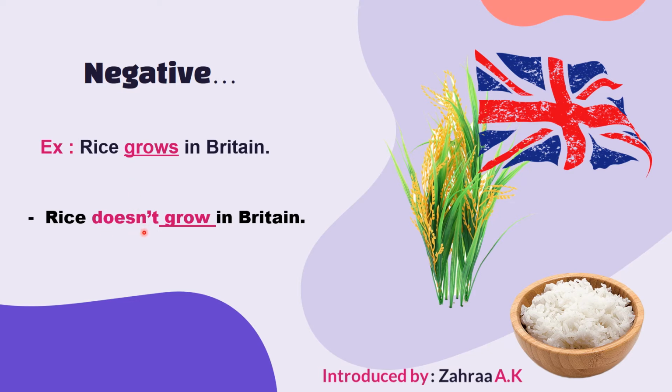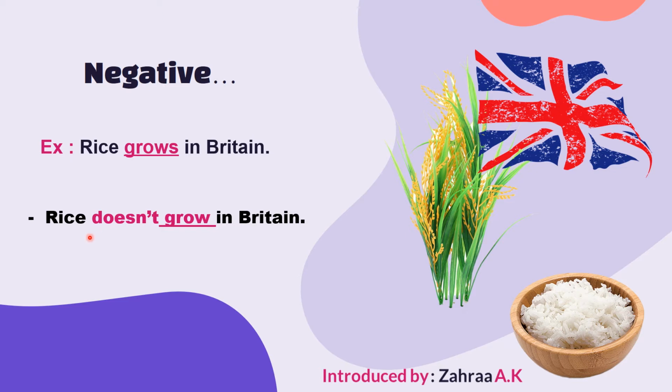After doesn't I put the main verb. The main verb, grows, I will put it without the third person singular -s. We put the main verb grow without the third person -s since we have does.